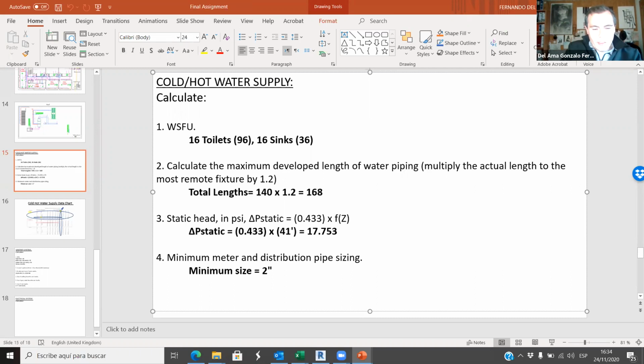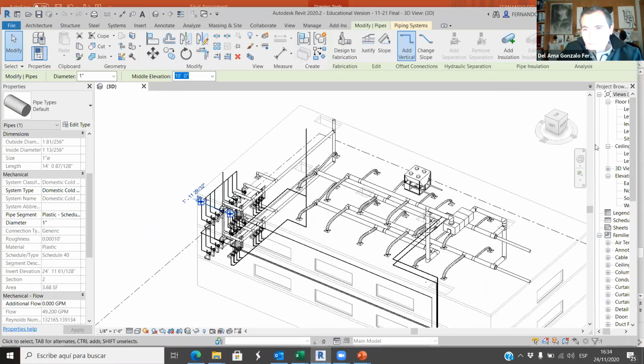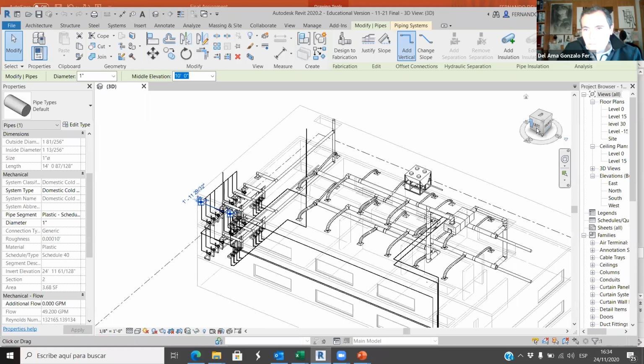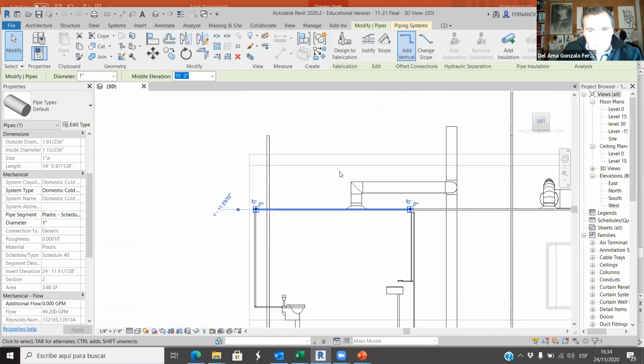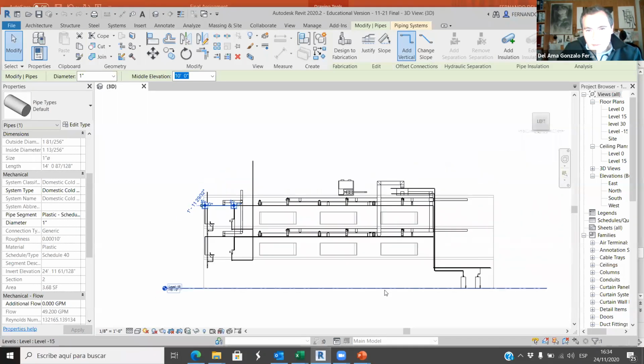And make sure that you type the units. This is feet, okay? And the static head, 41 is the maximum developed length. If we look at the maximum developed length from this point to that point, is it 41?